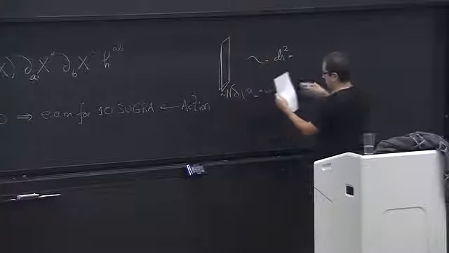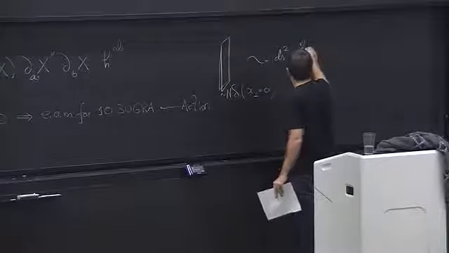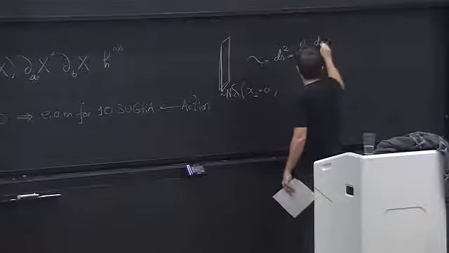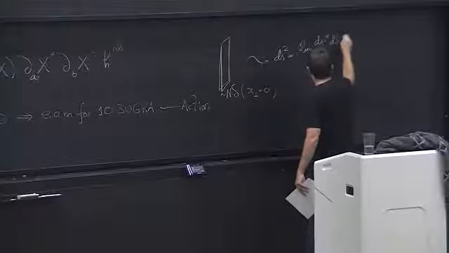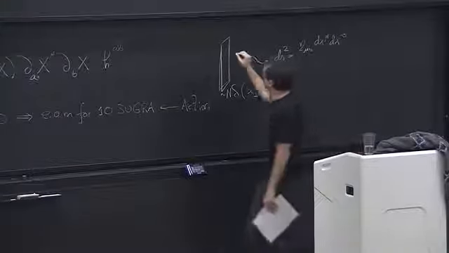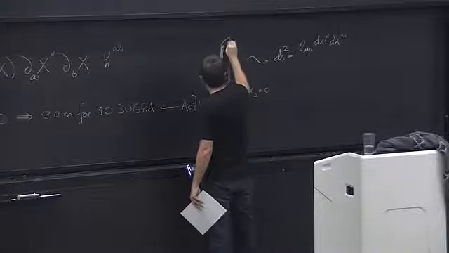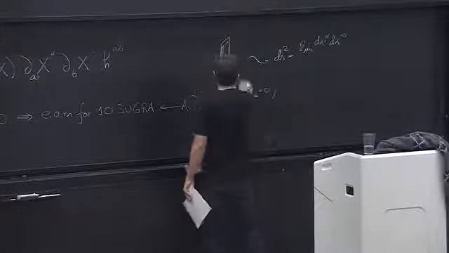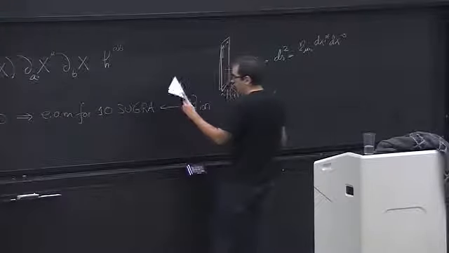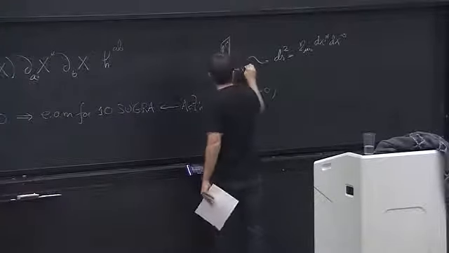ds squared, you get eta mu nu dx mu dx nu, where x mu and x nu are the directions along the brane, and the directions orthogonal to the brane, I would call them xi.